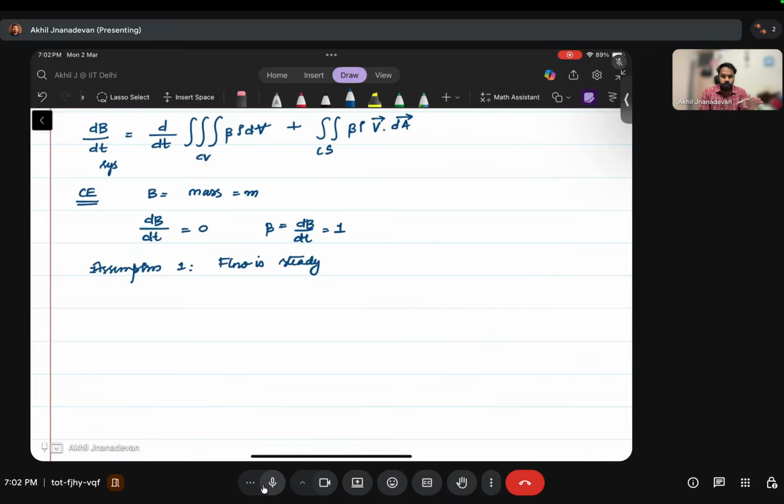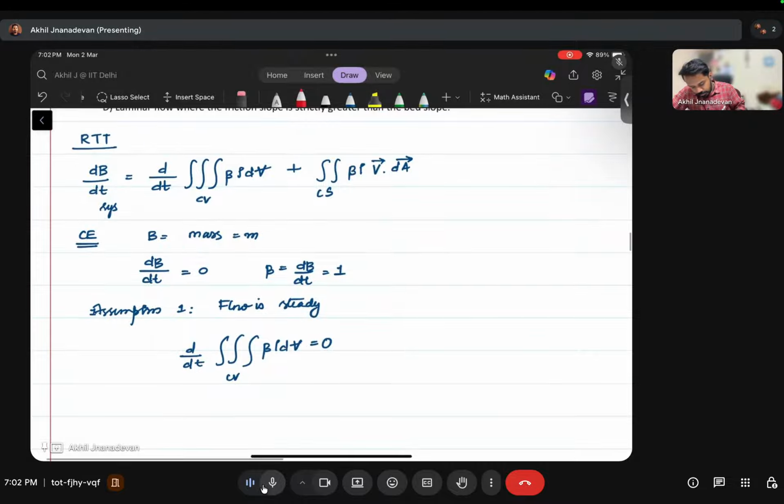So the water will be flowing at a rate, and the depth of water won't be changing with time. In that case, the second term can also be equal to 0, because there is a d by dt, so d by dt of the integral over the control volume of beta rho dV is also equal to 0. So we got this particular term as 0 and also this particular term as 0.